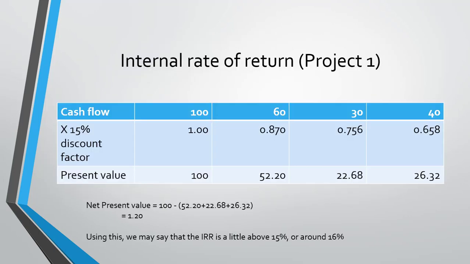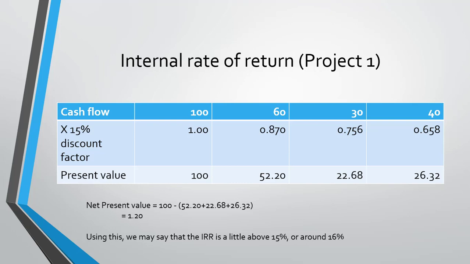So let's try. When you do that, you have a cash flow of 100 for the investment, and 60, 30, 40 for inflows in years 1, 2, and 3. You multiply it by the 15% discount factor, and you have this. Inflow will be 52,200 pounds for the first year, the second year is 22,680 pounds, and then 26,332 pounds on the third year.